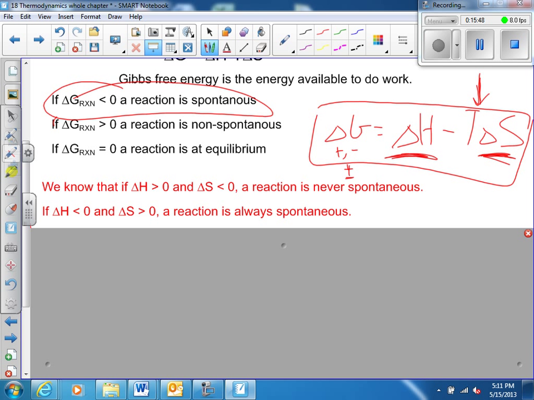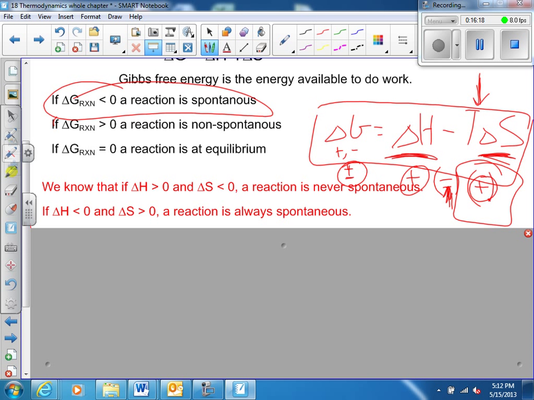The temperature will switch the reaction to be spontaneous or non-spontaneous in some situations. If delta H is positive and delta S is positive, then we don't ultimately know the sign of delta G, because we have a positive minus a positive. That's not equals, that's minus. A positive minus a positive depends on how big this positive is.